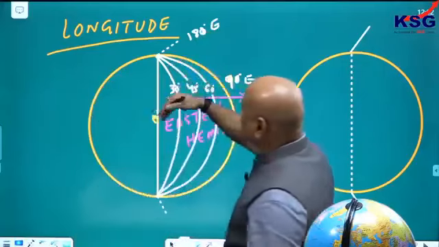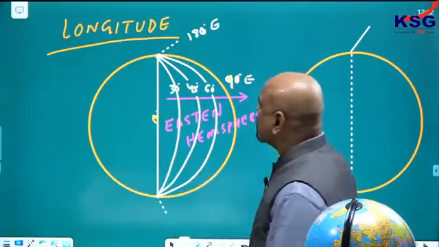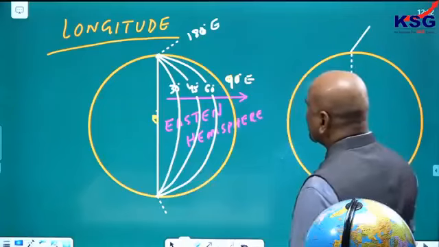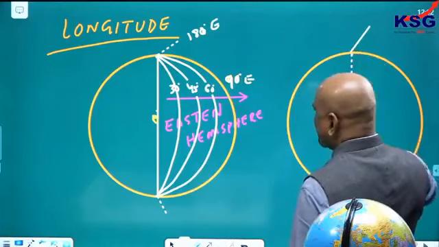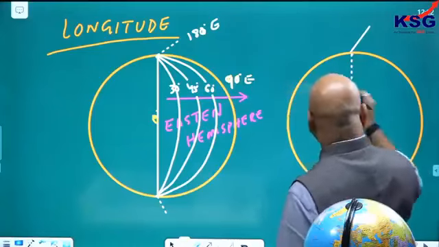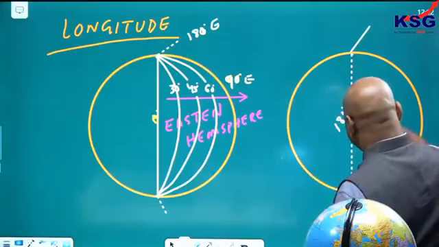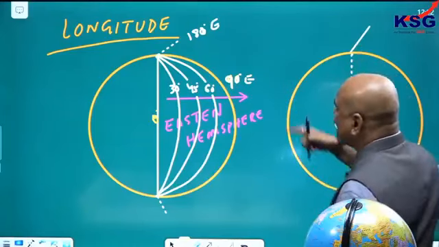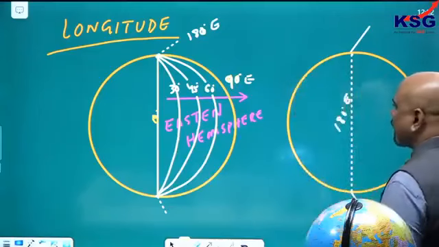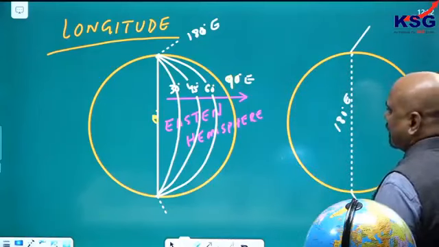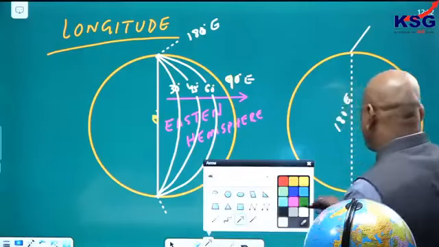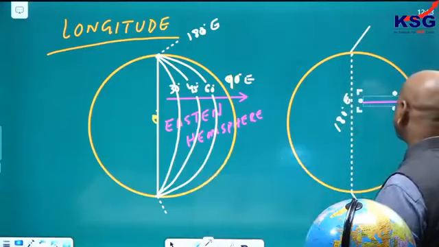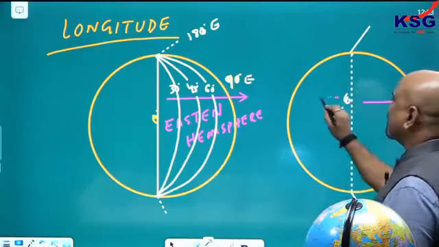This is the front edge, the back will not be visible, that is why it is 180 degree east. You got it? And on this opposite side, if this line is 180 degree east, which hemisphere will this one be? Tell me now. And which hemisphere will this one be?